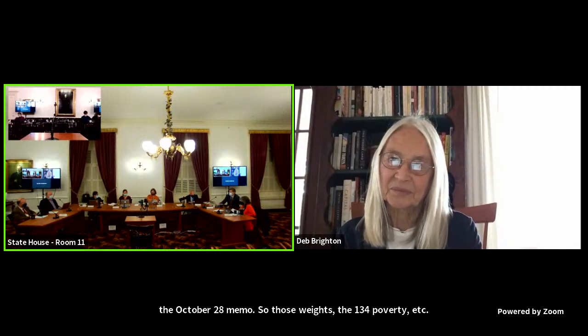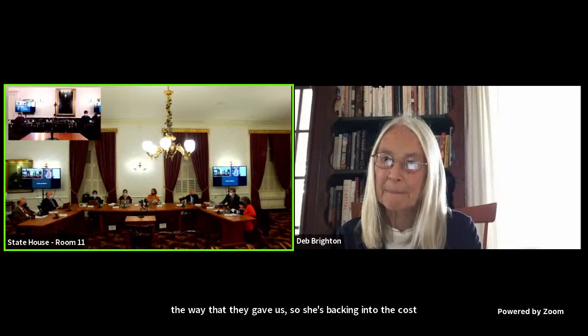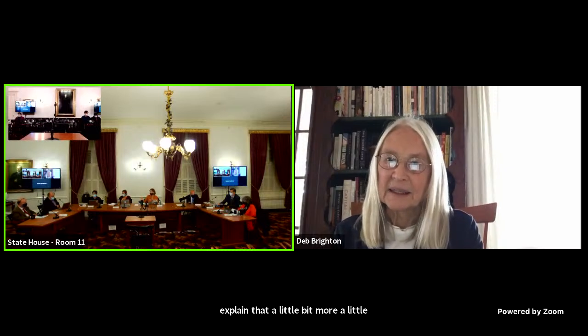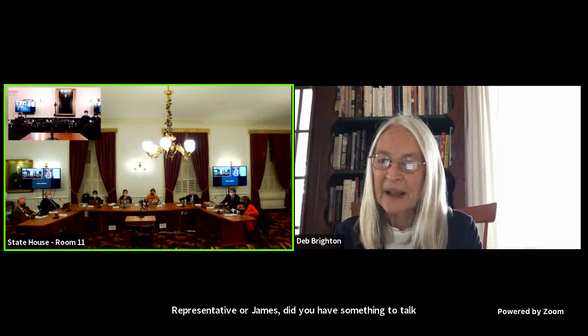As you can see in the blue column, those are the weights that they gave us. Right. So she's backing into the cost for those weights based on what school districts were spending in FY20. And Deb, you're going to explain that a little bit more later. Okay, thank you. Representative James, did you have a question? Sounds like we're going to talk about it later. Okay, all right, go ahead, Deb.